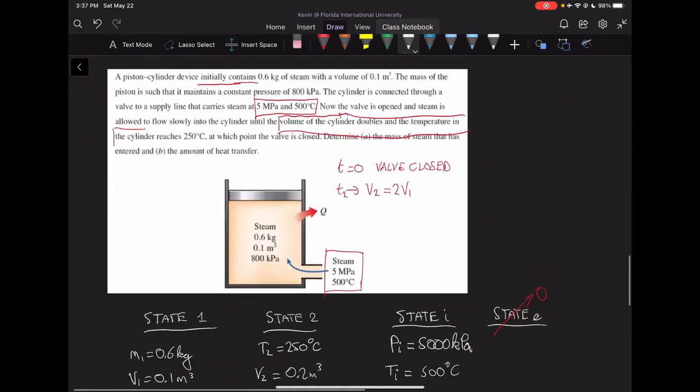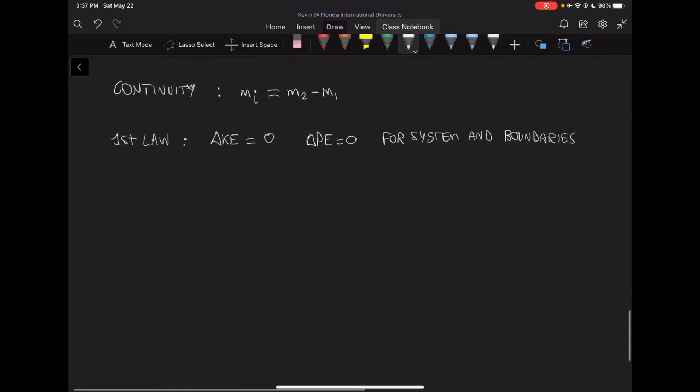So we have, if we simplify it without the velocity terms and the kinetic energy term and the potential energy term, we have that Q in minus work out is equal to the mass at the exit times HE minus the mass at the inlet times HI plus M2 U2 minus M1 U1.